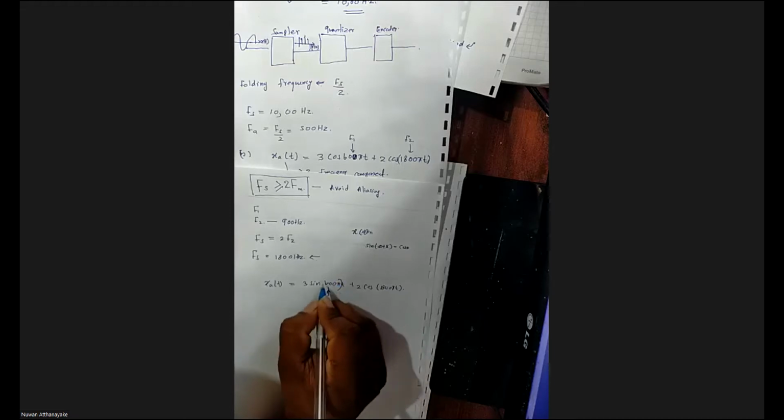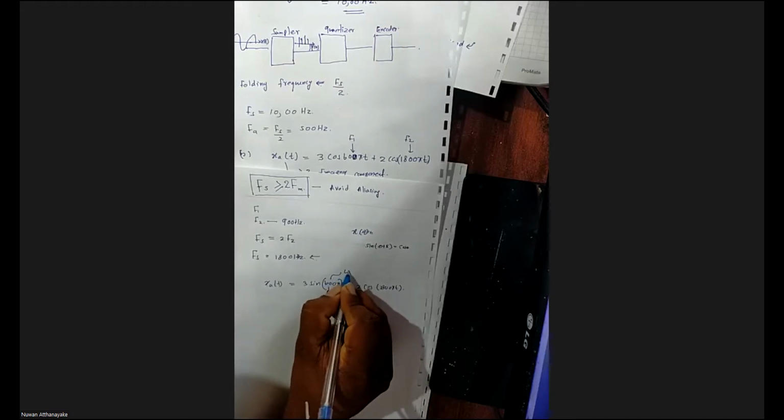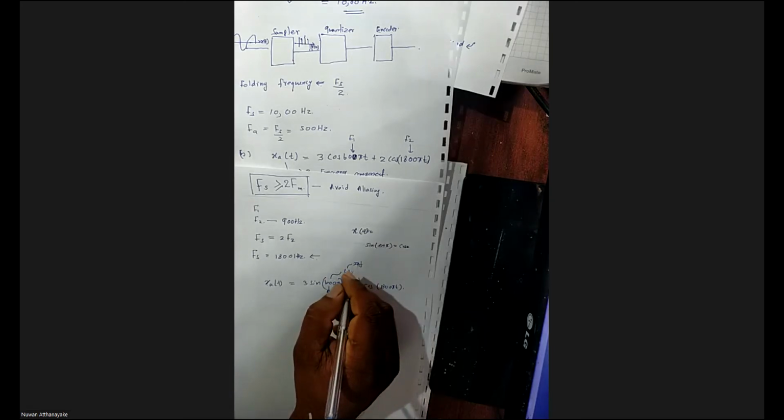So if you get sine or cosine terms, you only have to be concerned about this omega, or 2πf. So these are the frequency related components. So does that clarify your question?